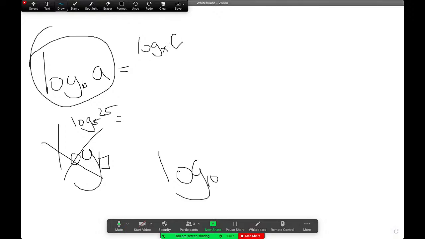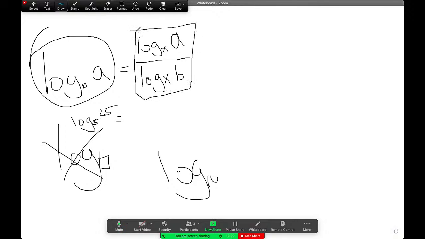Sorry, no, we have log base x of a divided by log base x of the actual base. This is super useful if you don't have a graphing calculator, which has super useful functionalities. So if you don't have that, then use this.